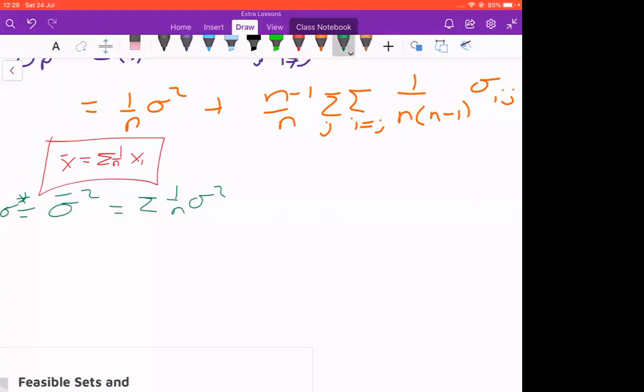So basically x star will be the expectation of your variance. From here on, you can write your expectation of your variance as x star. I think I'm missing something, but okay, I will come back to it.